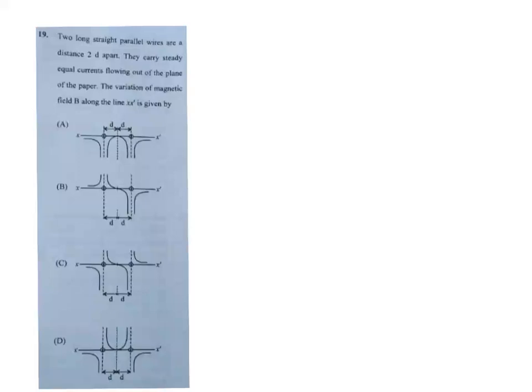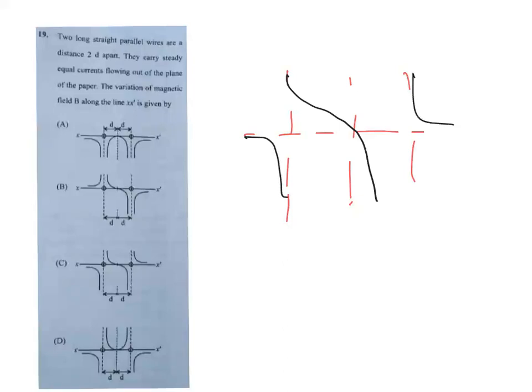If you draw the line properly, at that time you will get the graph like this. So this will be the graph, and which is the right answer? I hope option C is the right answer for this question. Please draw it carefully so that you can easily solve it.